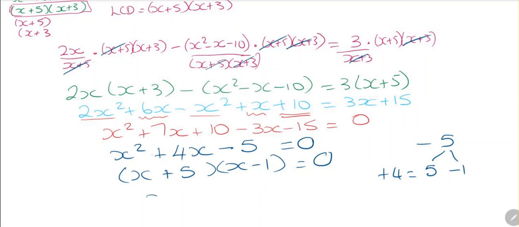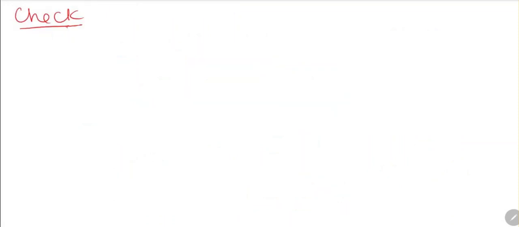So this is x is equal to minus 5 or x is equal to 1. Now we need to check these. Right, so we're going to check first minus 5 in the original equation.